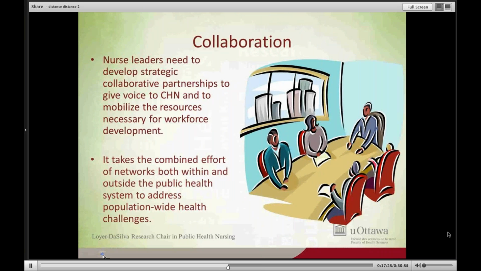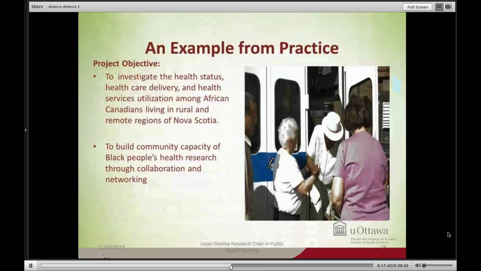It takes the combined effort of networks both within and outside the public health system to address population-wide health challenges. And so we have to mobilize those resources and their collective effort from our networks.